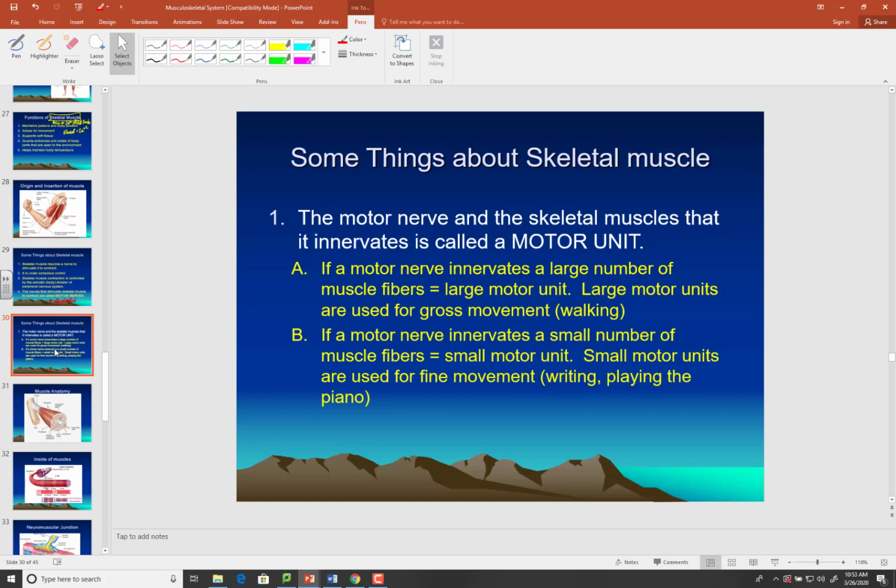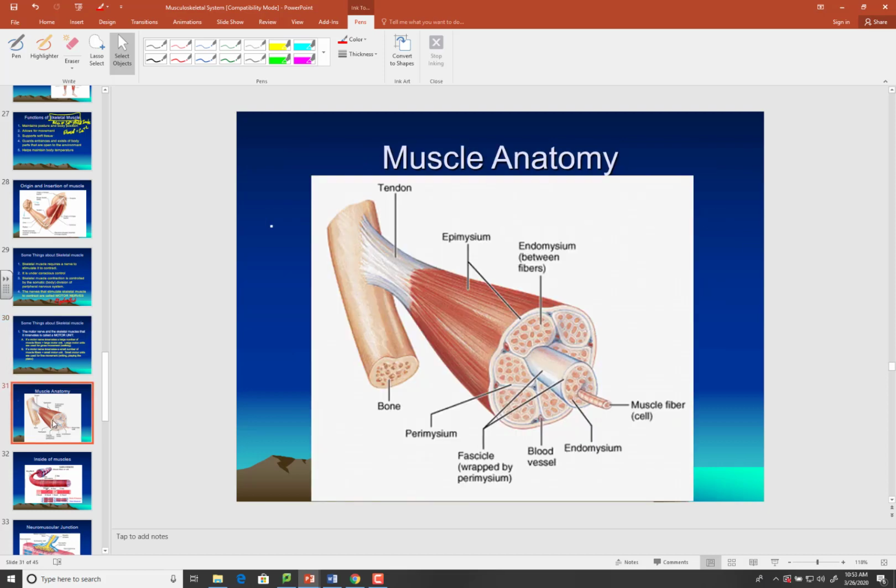All right, what I want to do now is get into some of the anatomy of skeletal muscle, all right? And skeletal muscle, by its nature, is fractal. Basically, you take a bunch of small little muscle fibers and you group them together. And as you group them together, you're going to make a bigger and bigger muscle.